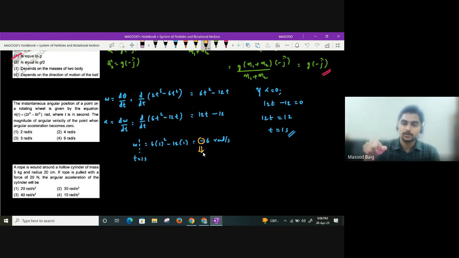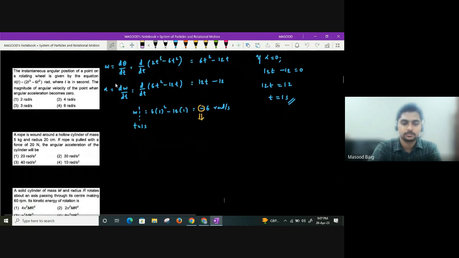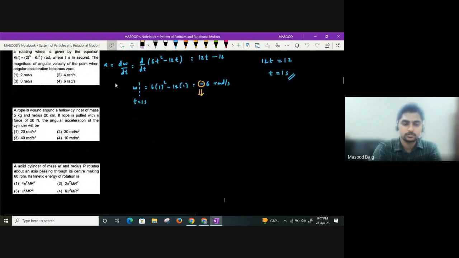Direction of thumb will give us the direction of omega bar or d theta bar, because d theta bar will always be in the direction of omega bar, guys. Clear, everyone? Yes or no? Right. We'll see the next question. So here answer should be 6 radian per second.